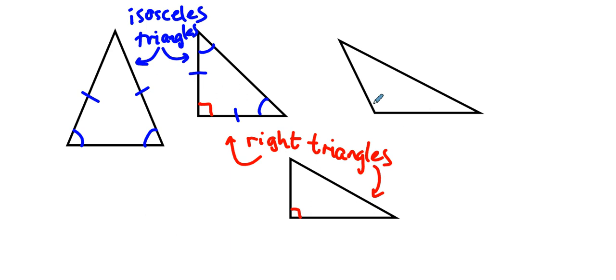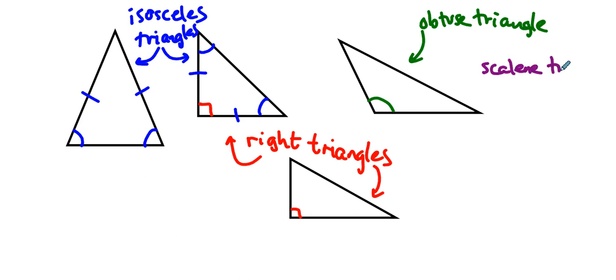This triangle over here, this biggest angle is bigger than 90 degrees, and so this is an obtuse triangle because its biggest angle is obtuse, and it happens to be a scalene triangle.